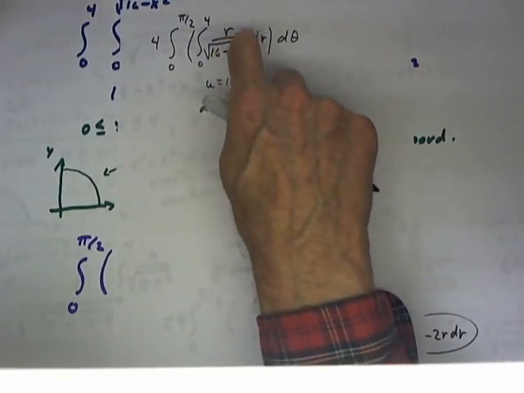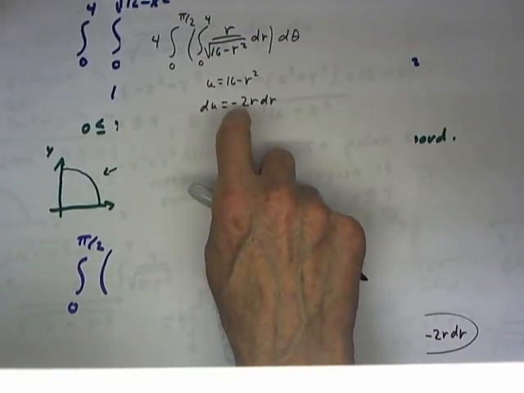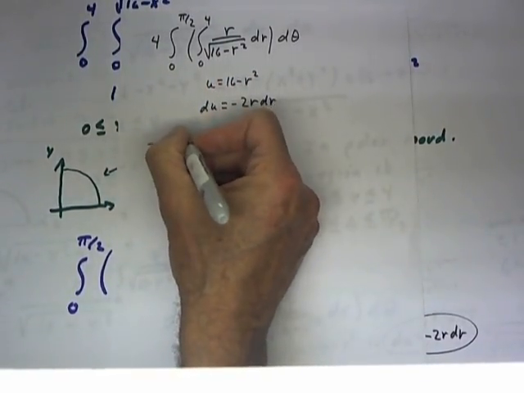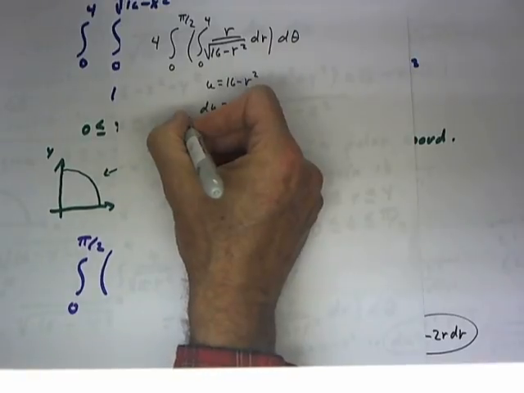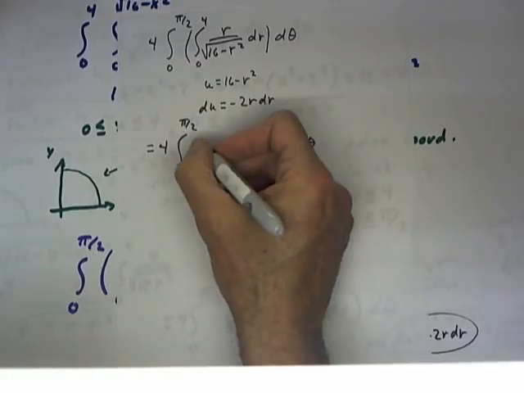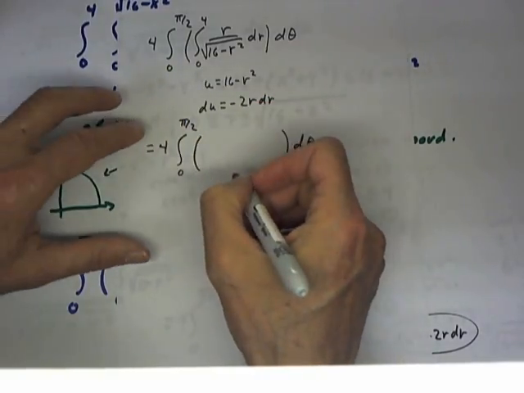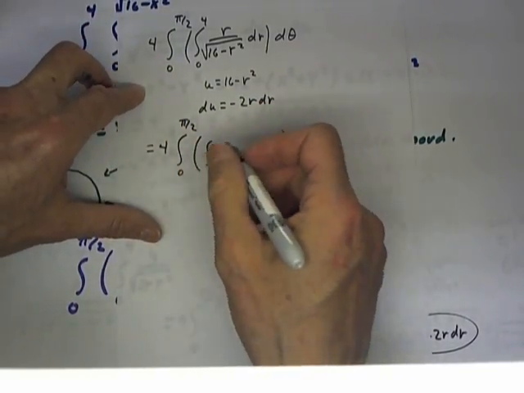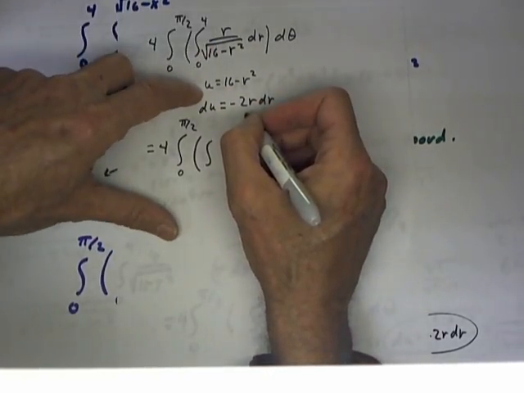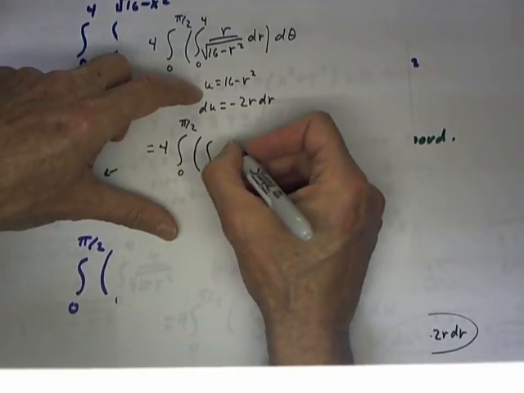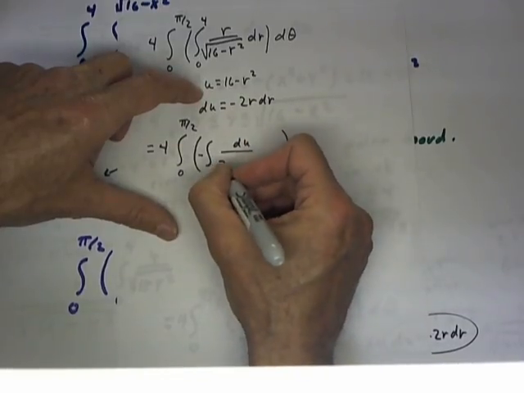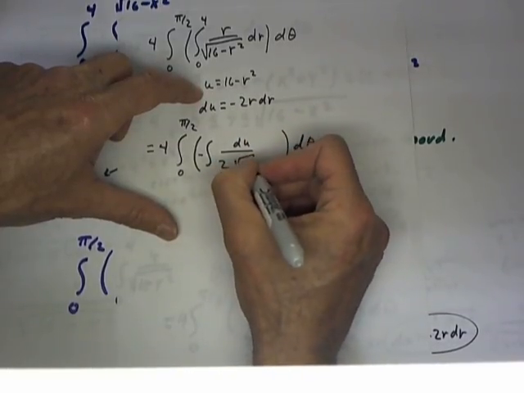So the r dr that exists up here is just negative 1/2 du, so that our integral becomes 4 times the integral from 0 to pi over 2 with respect to theta of an integral of negative 1/2 du over the square root of u. So that would be negative du over 2 square root of u.